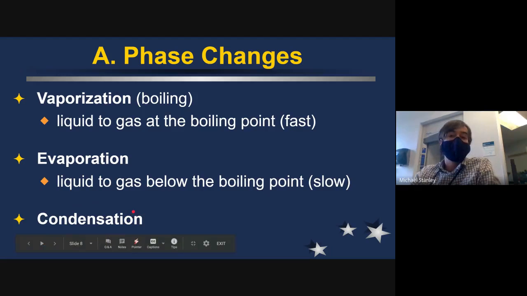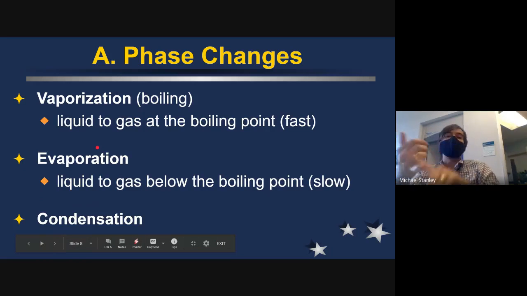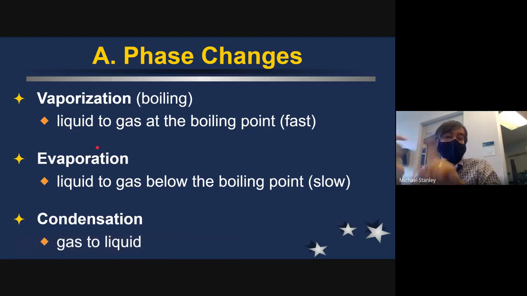So all that happened was we cooled down water vapor gas to the point where it started forming liquid water droplets, which then became too heavy to float around in the air, so they fell down onto the ground as rain. So we can melt our solid to turn it to a liquid, we can vaporize or evaporate our liquid and turn it into a gas.